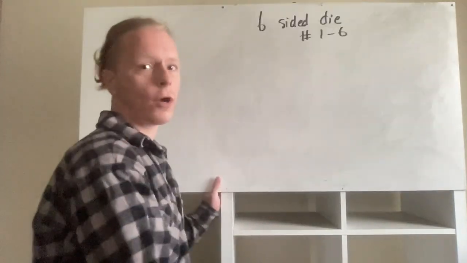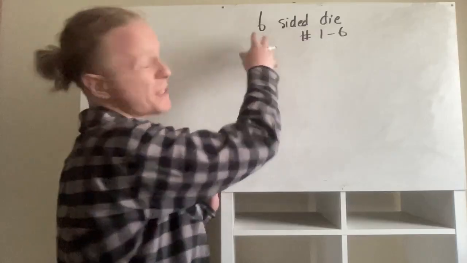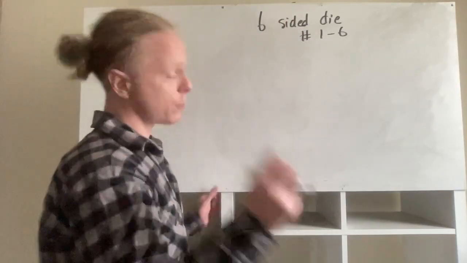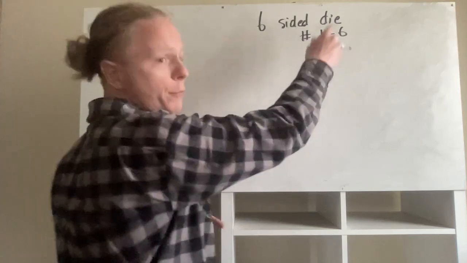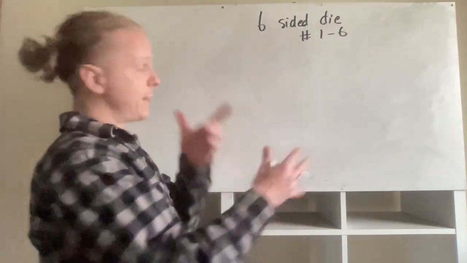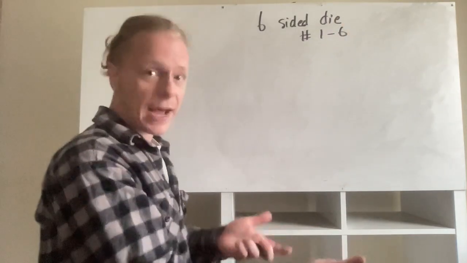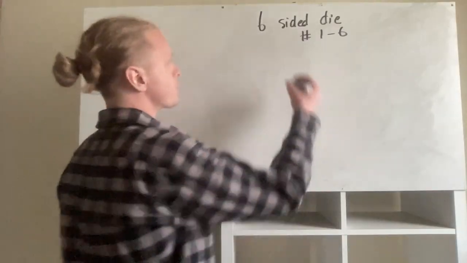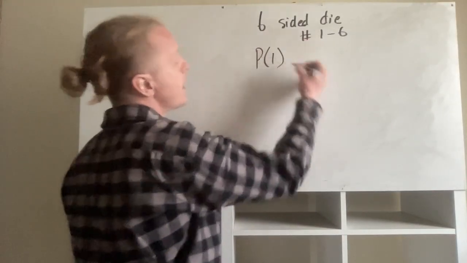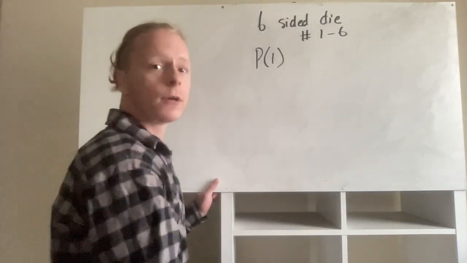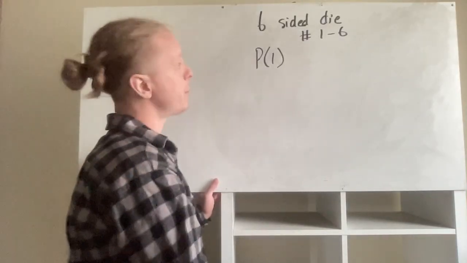Okay, so now we're going to take a look at the example of a 6-sided die. So we roll the die, there's 6 sides on it, numbered 1, 2, 3, 4, 5, and 6, and there's an equal chance that we land on each side. So I could ask you, what's the probability when I roll that die that I will roll a 1?